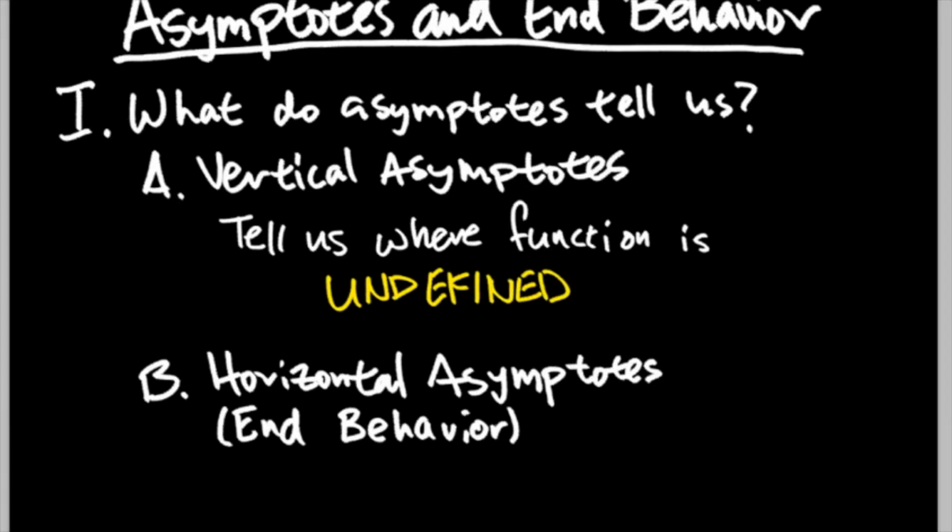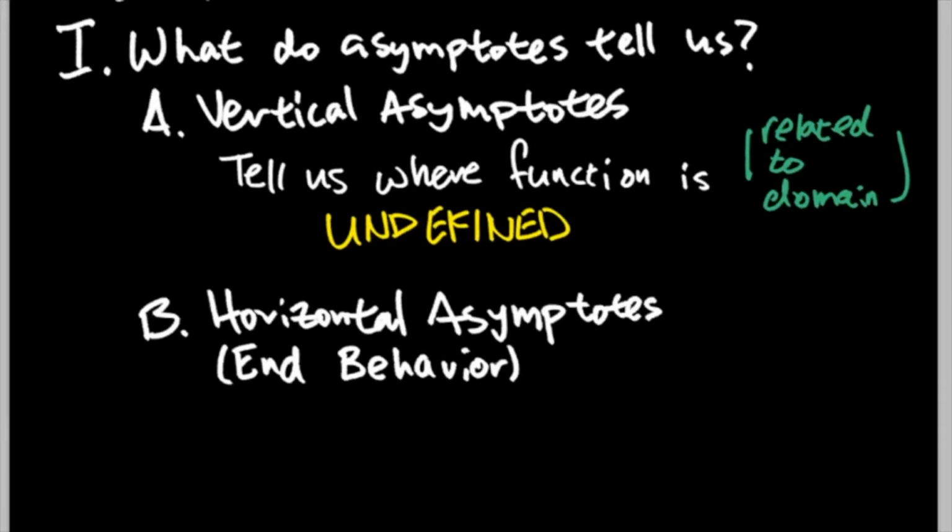We'll go over some of that later on here, or you can review it yourself. And remember that this is also related to domain, because domain tells you where the function is defined, but this tells you where the function is not defined. So they're complements of each other. Math talk for opposites, basically.